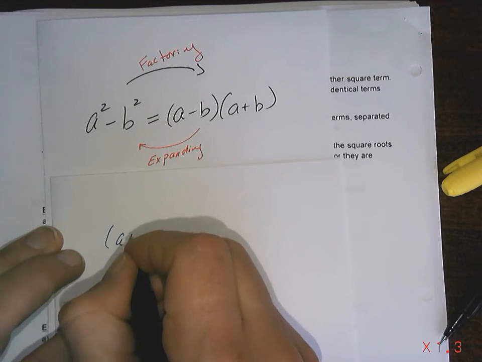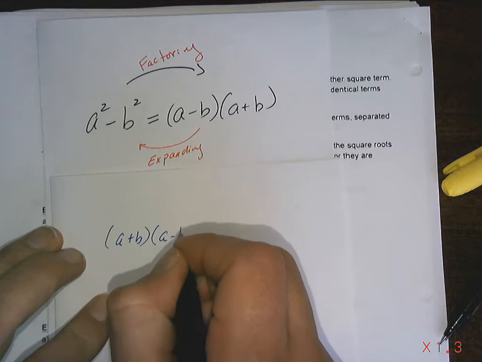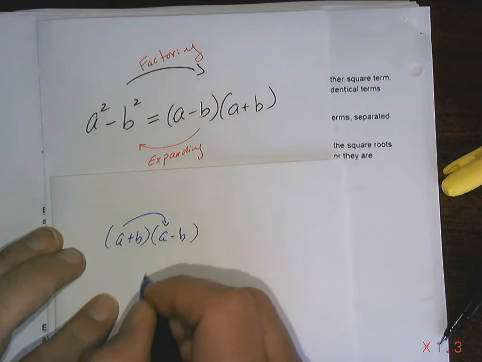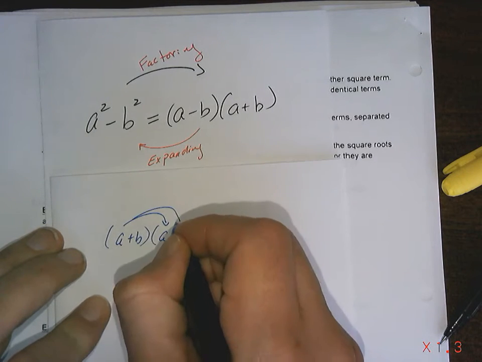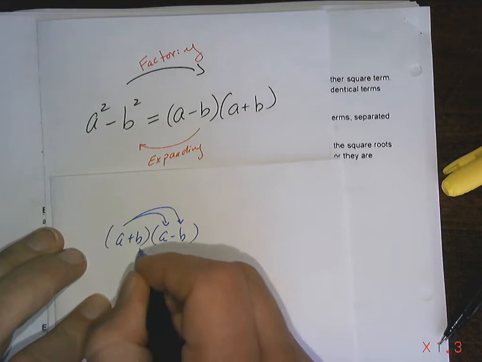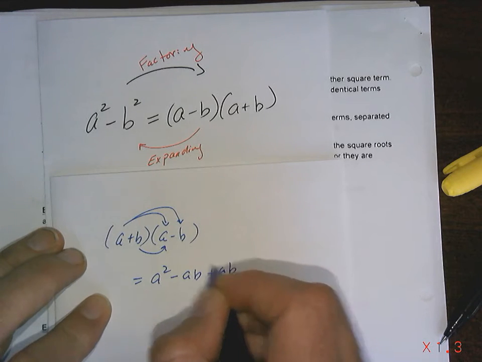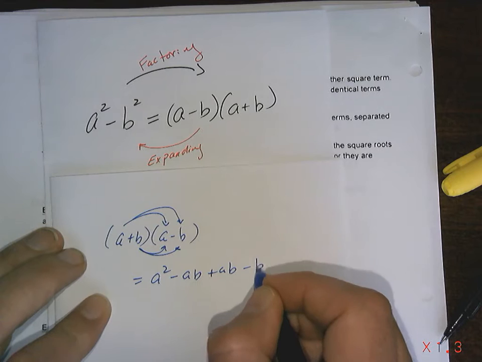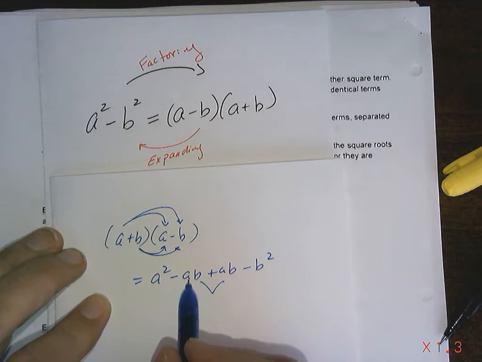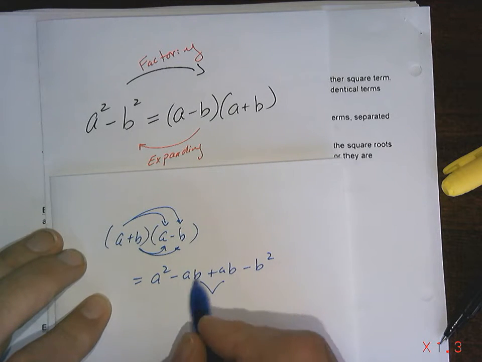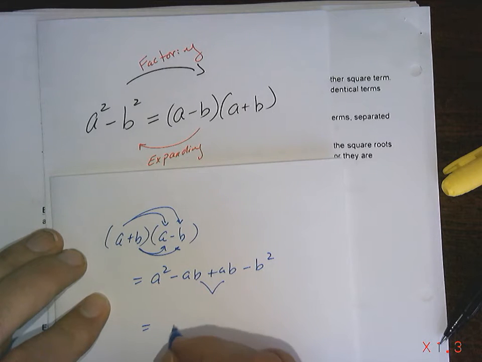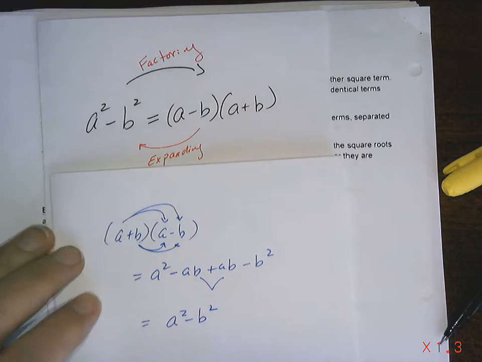Let's go A plus B this time, A minus B. A times A is A squared, minus AB, plus AB, minus B squared. If I have a minus AB and a plus AB, that's no more ABs, and it leaves me with A squared minus B squared.